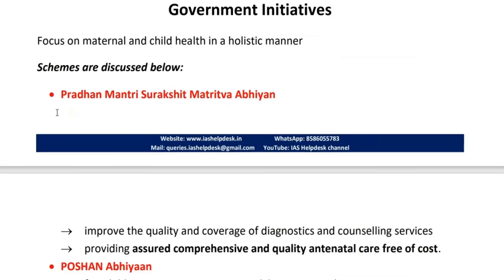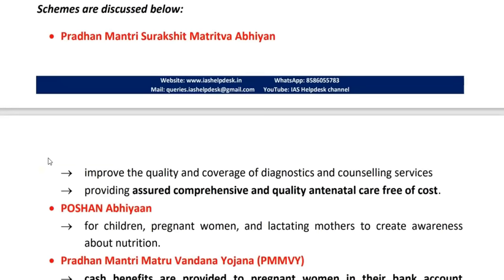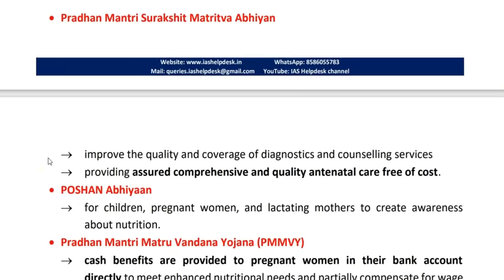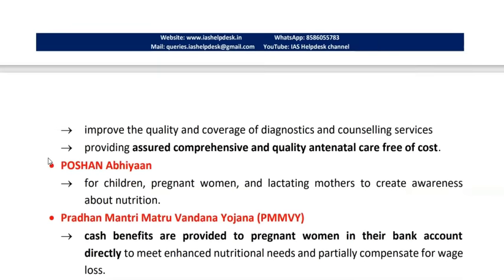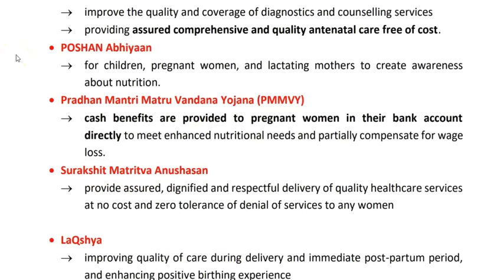So, the first scheme would be Pradhan Mantri Surakshit Matritva Abhiyan. In this, the target is to improve the quality and coverage of diagnostics and counseling services, along with assured, comprehensive, and quality antenatal care free of cost. And then Poshan Abhiyan, in which the target is children, pregnant women and also lactating mothers, to create awareness about nutrition.